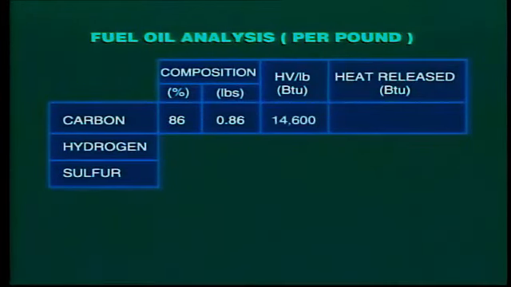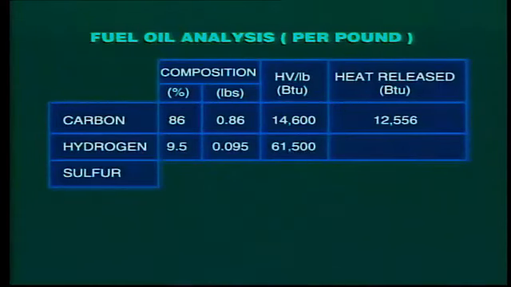Multiplying this by 14,600, that is the heating value for 1 pound of carbon, we find that the carbon content of this fuel will produce 12,556 BTU. The hydrogen content is 0.095 pounds, and we find that this releases 5,842 BTU when completely burned to H2O.